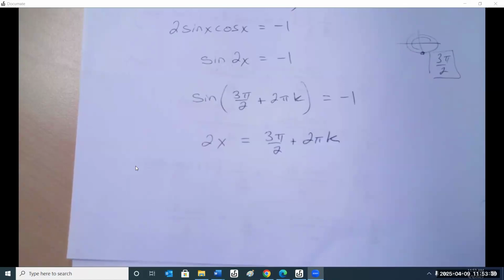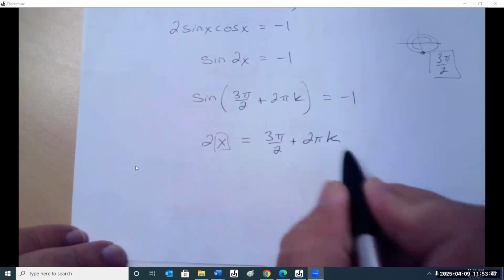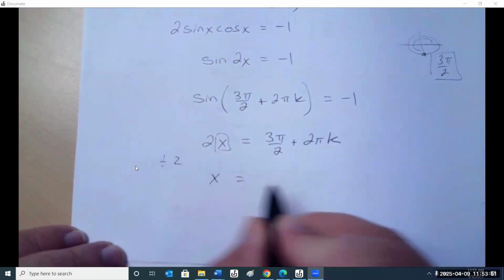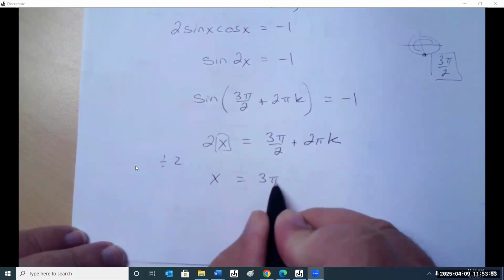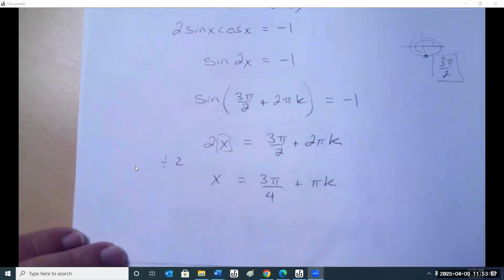Solve for x, what do we get? Because we're looking for the angle. Divide by 2, everybody. We get x equals 3 pi over 4 plus k pi.